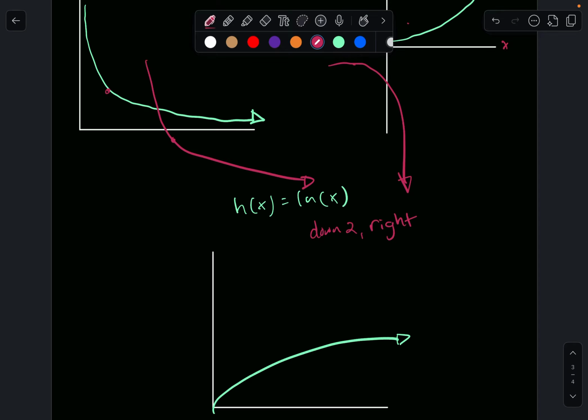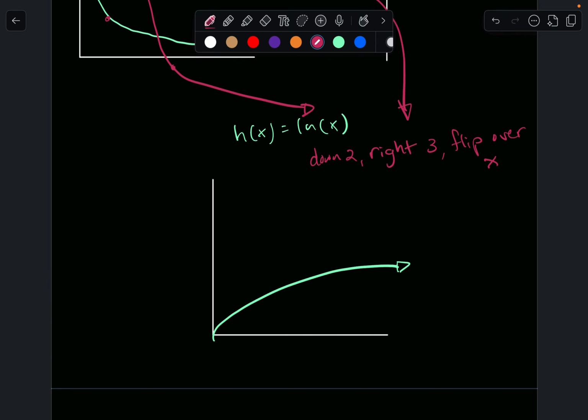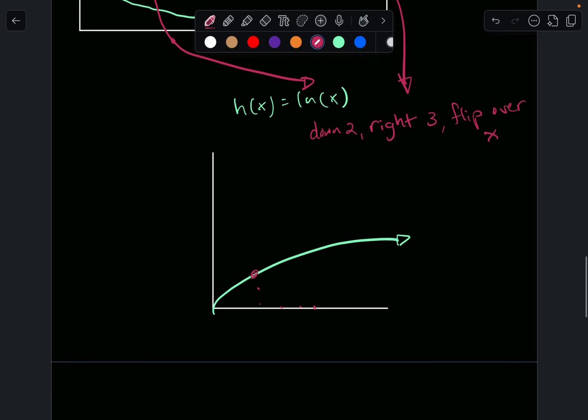So right 3 we decided, and then we're gonna go flip over x again. So this is gonna look like a mess. Okay. So pick a point, down 2, right 3. So we're here now. Now we're gonna flip over the x.